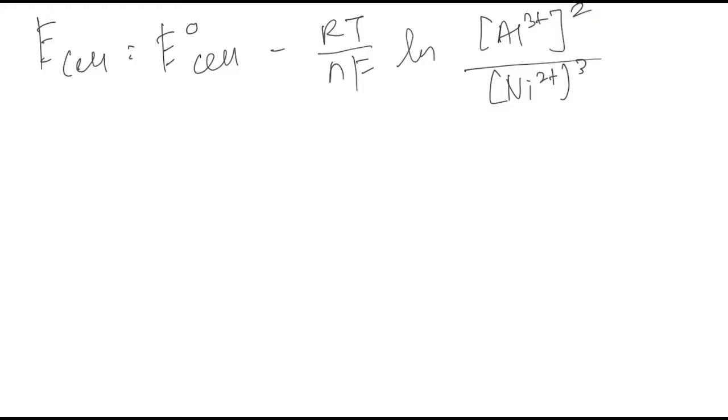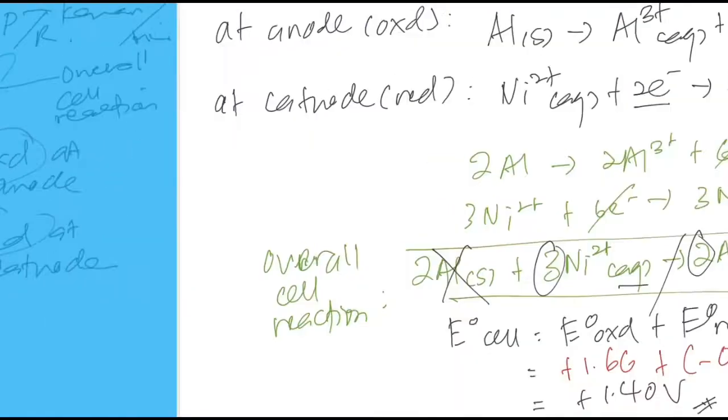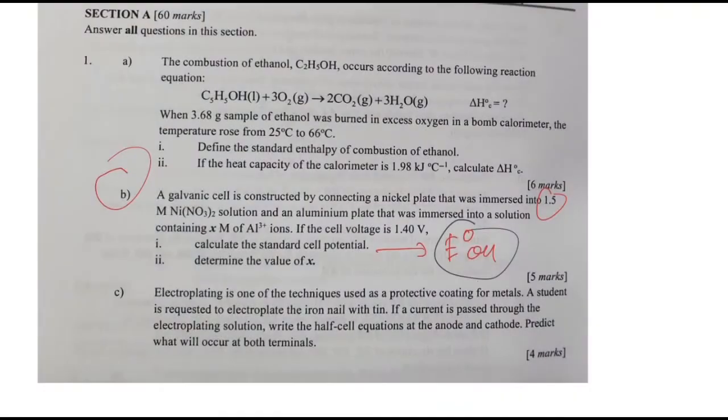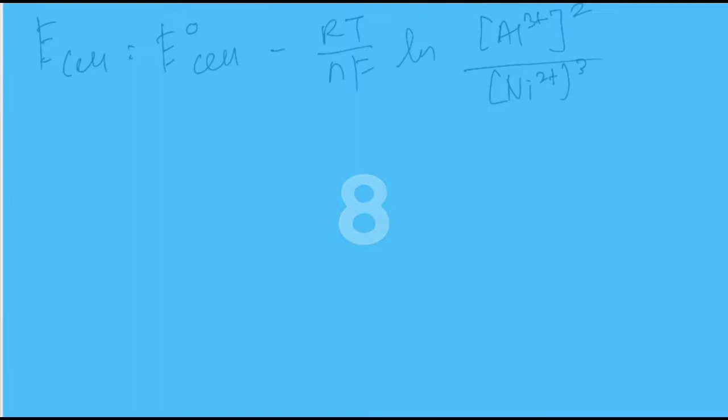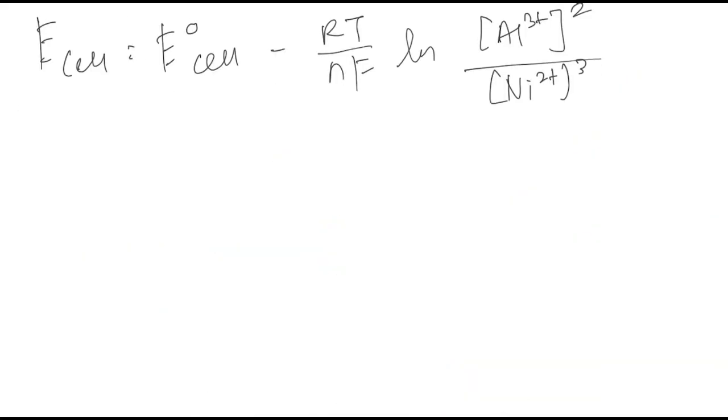Next we can solve number 2. Number 1 is already settled. Number 2 is to determine the value of X. X is the concentration of aluminium ion. So we go to the formula and substitute all the required information.